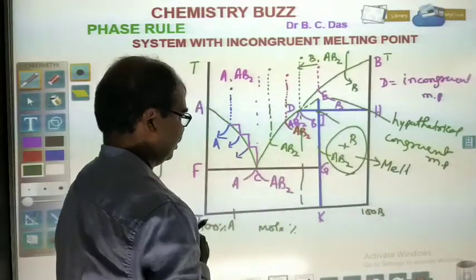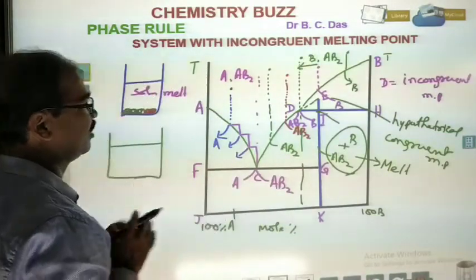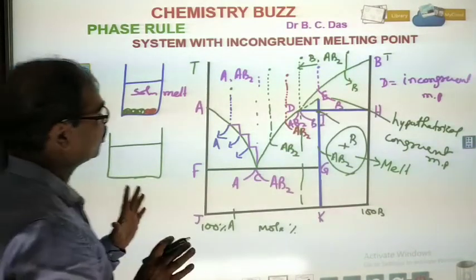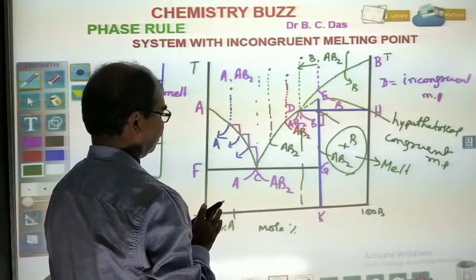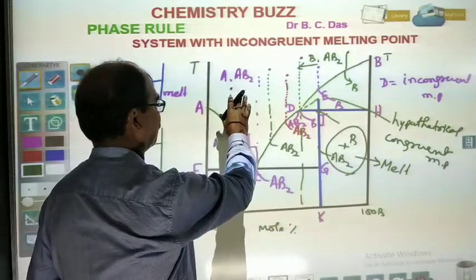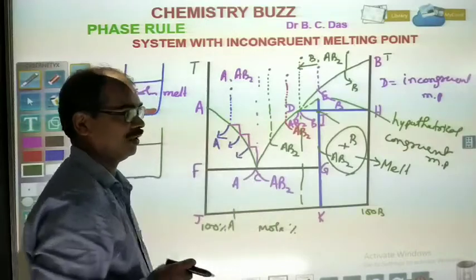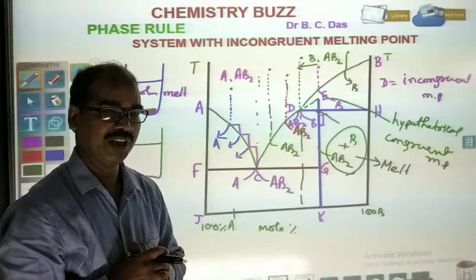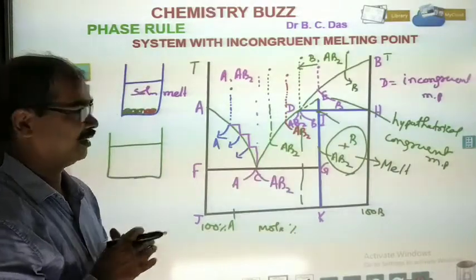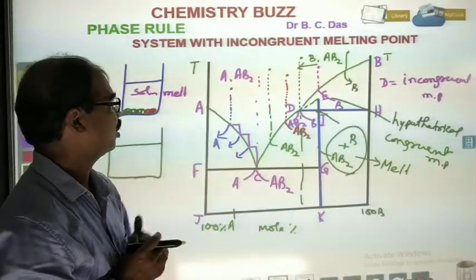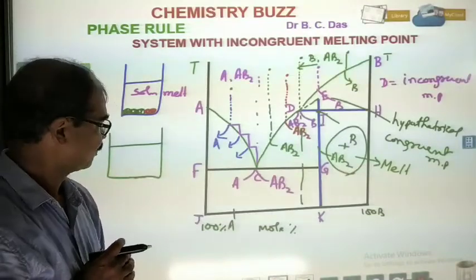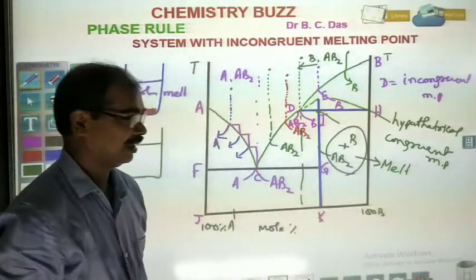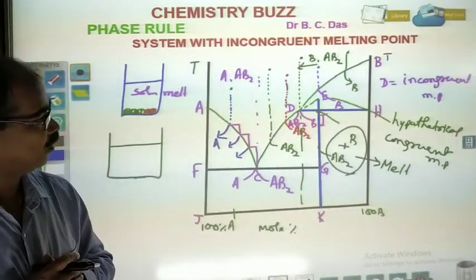So this clears the idea about the incongruent melting point, and also gives you the idea of the melt composition. Though we have added A and B, in the molten, fused state they react to form A and AB2.